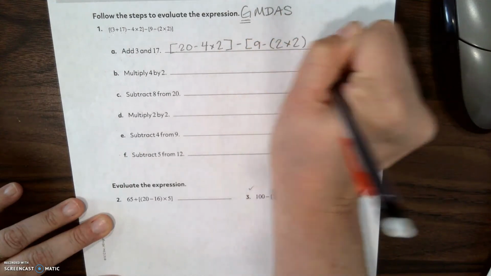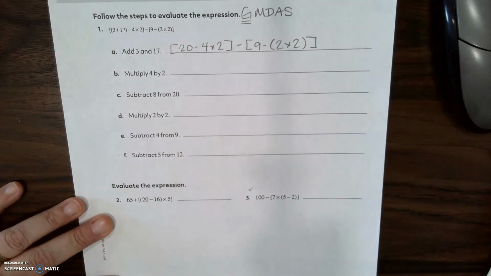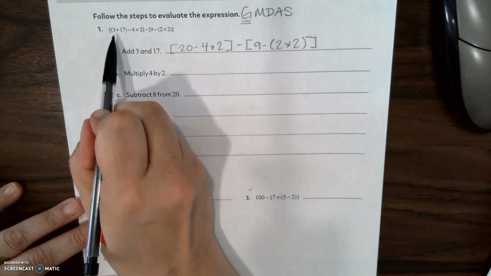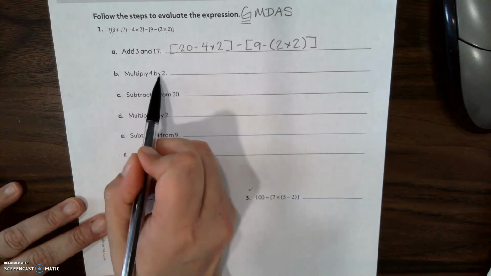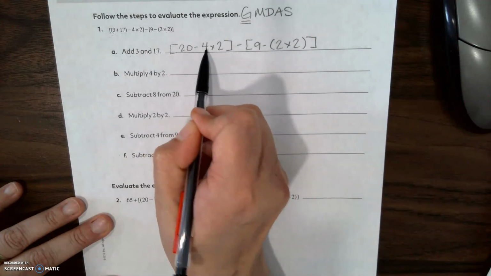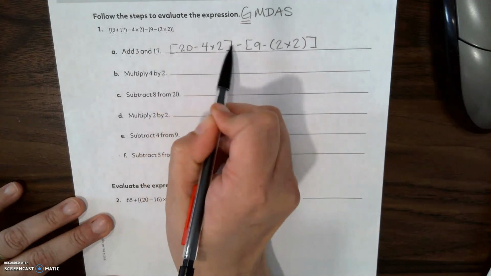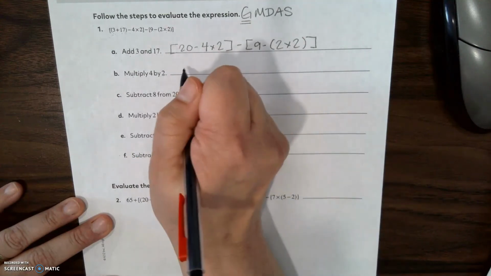Everything else goes exactly as it is. The only thing I've solved right now is 3 plus 17. Okay? Now, it wants us to multiply 4 times 2. So we're going to get this whole bracket completely finished.